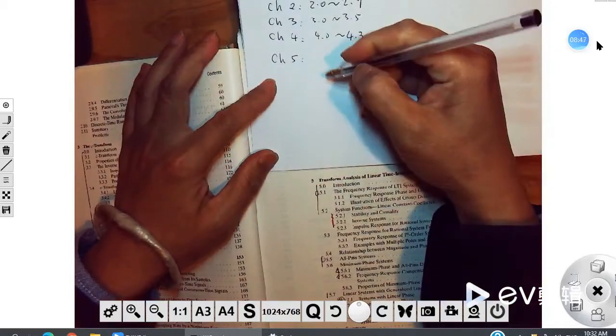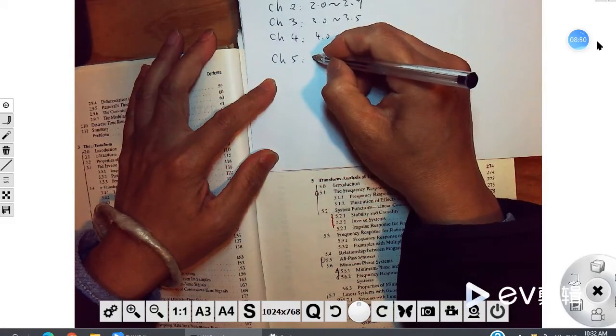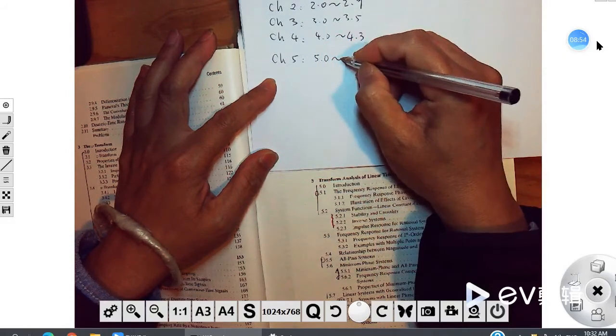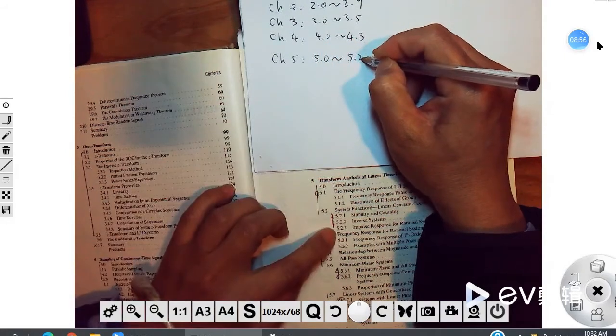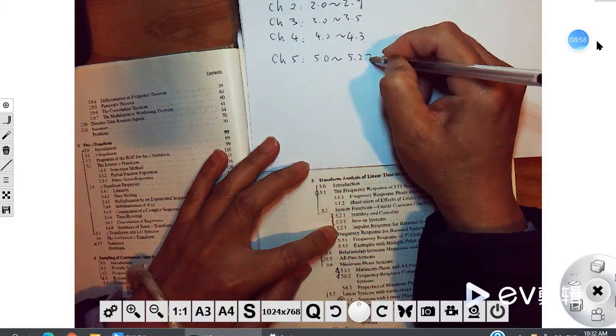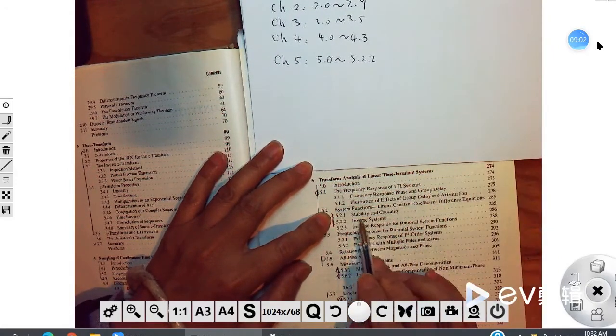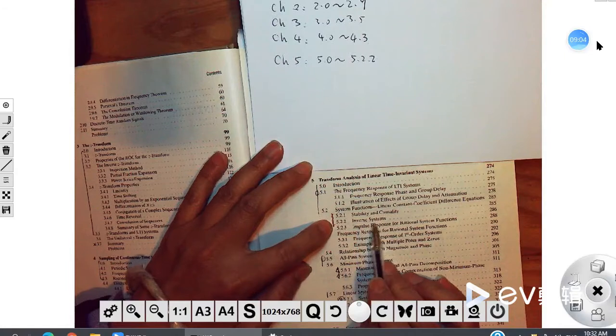We have section 5.0 from the beginning until 5.2.2: stability, causality, and the inverse system.